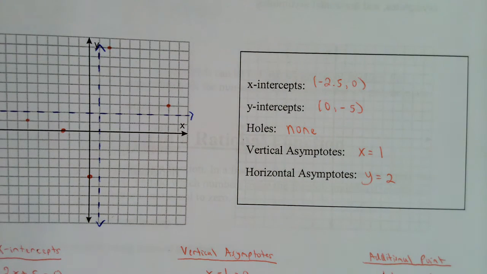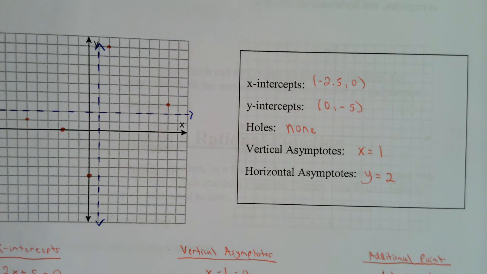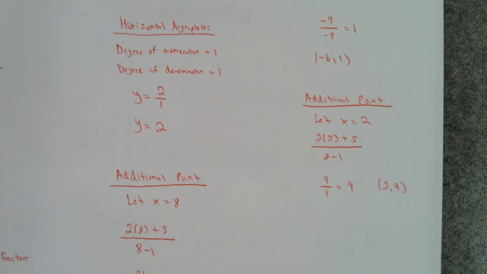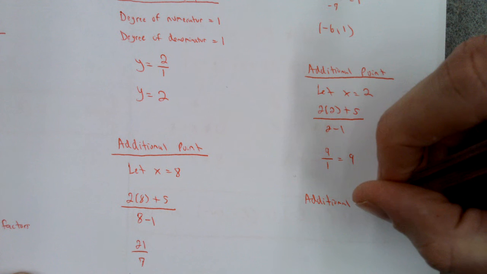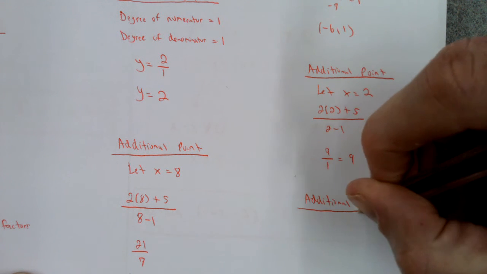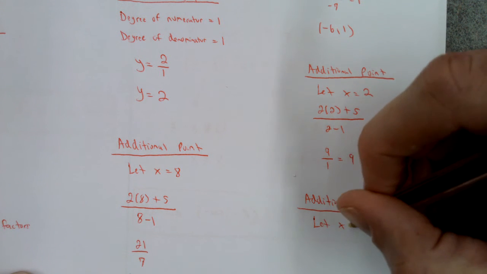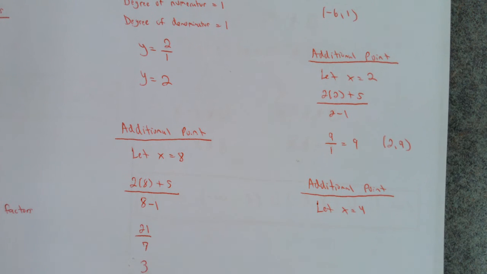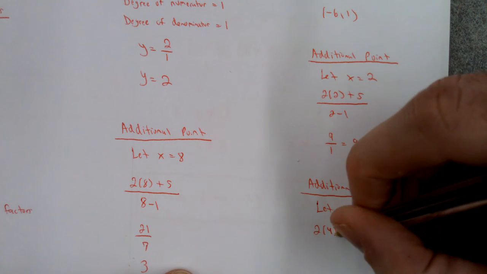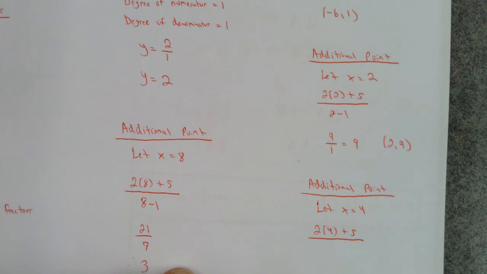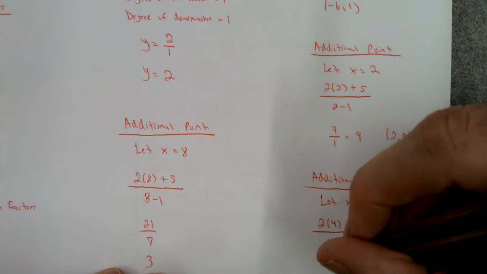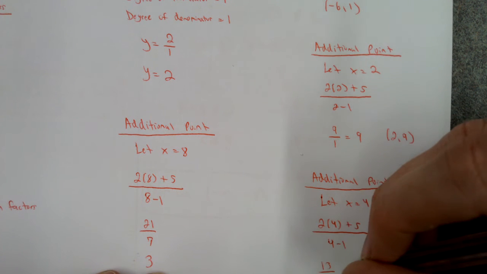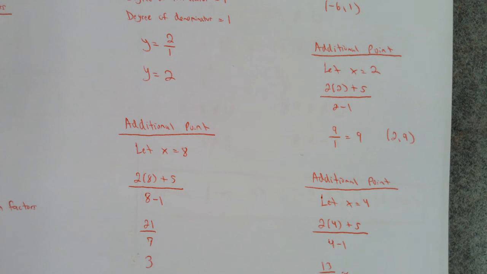And you know what? I'm going to do one more. Let's do x equals 4. Go back to the original problem: 2 times 4 plus 5 over 4 minus 1 will be 13 over 3, which is approximately 4.3.